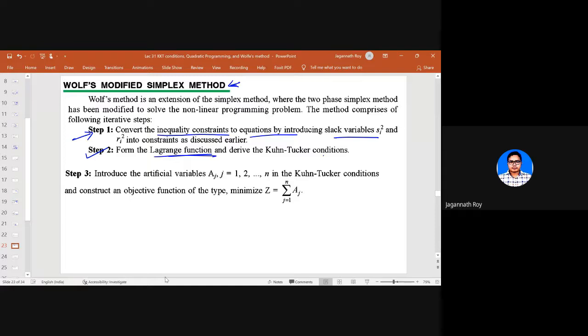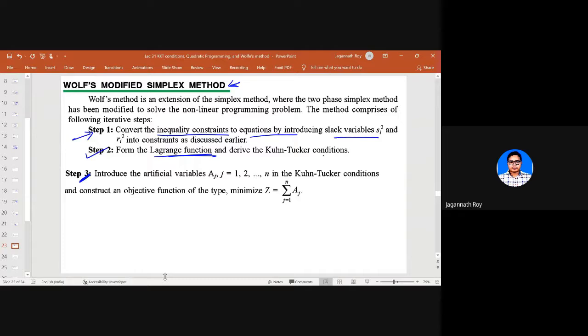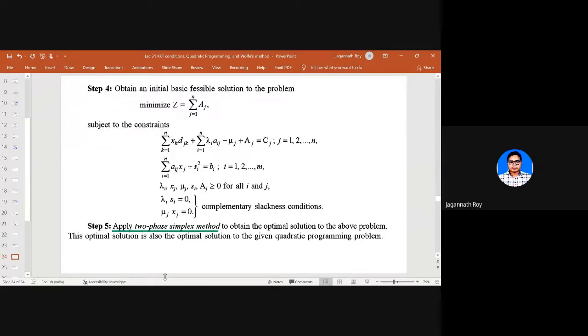Then we have to understand step 3. In step 3 we have to introduce, because we will have equality constraints, all are equal, some artificial variables to start the basic feasible solution. And then we can use the two-phase method, because the two-phase method is very efficient.